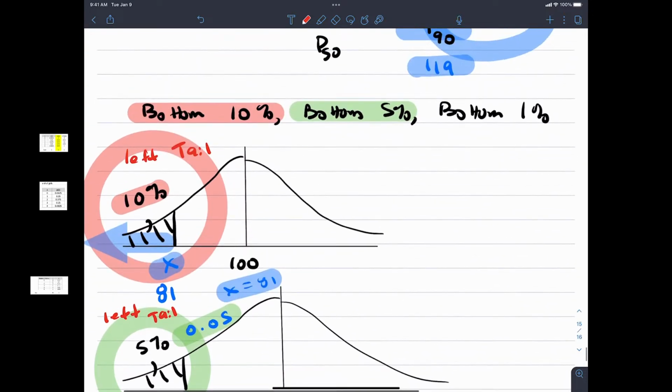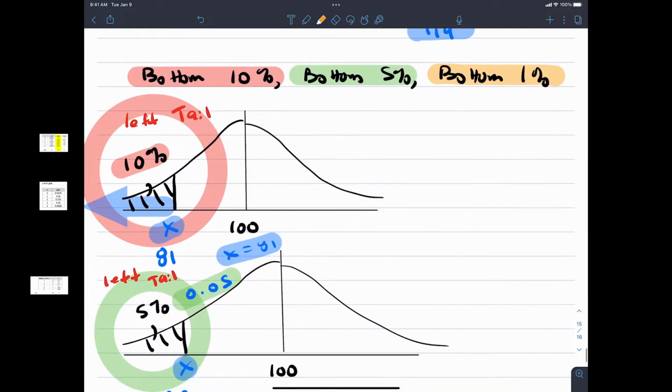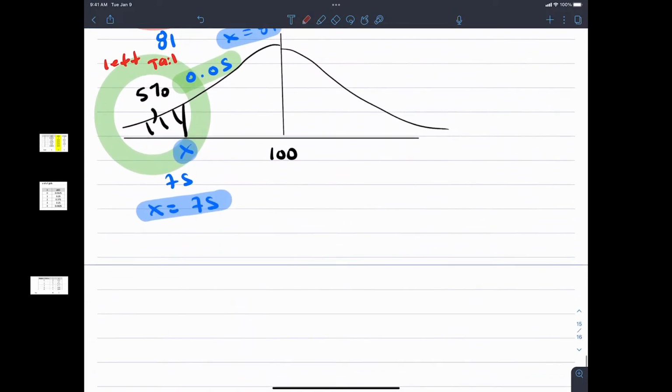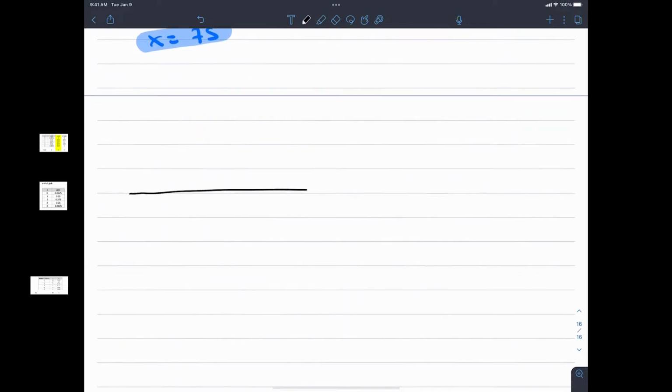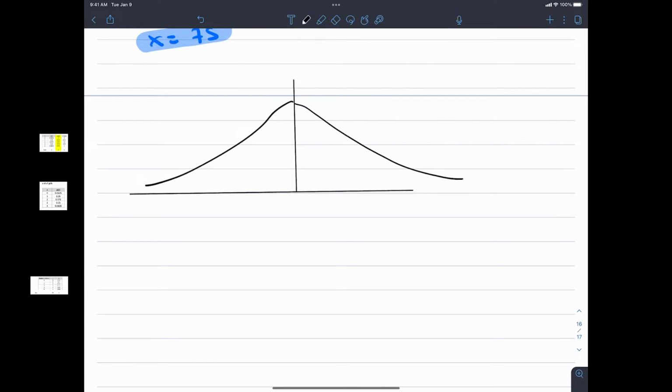What about this one? Bottom 1% of IQ scores. Here's your X value.